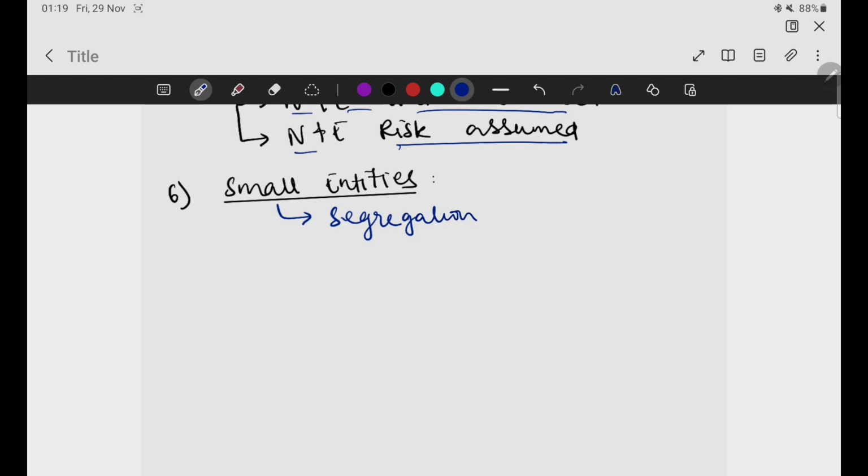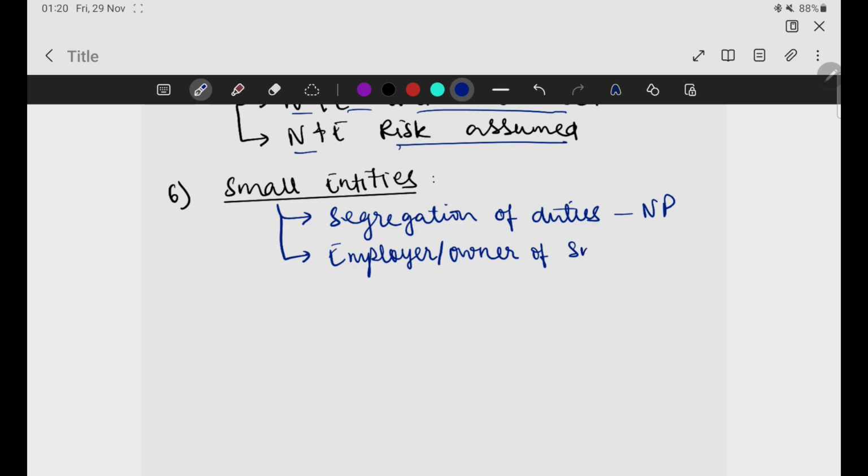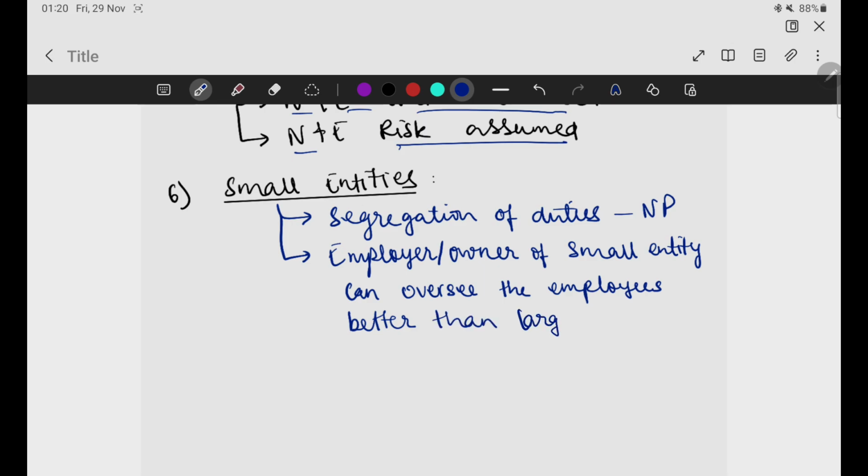Secondly, the employer or owner of a small entity can exercise or rather can oversee the employees better than larger entities.